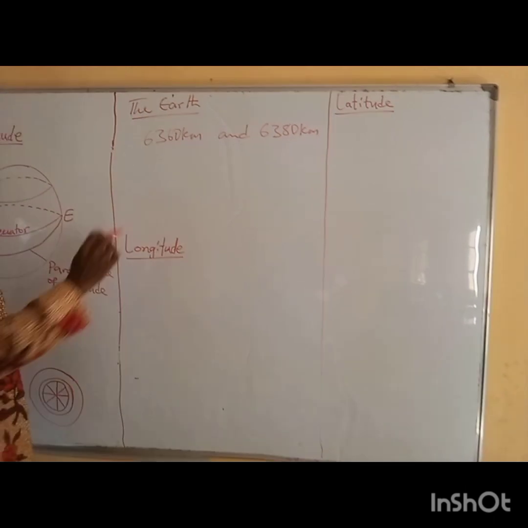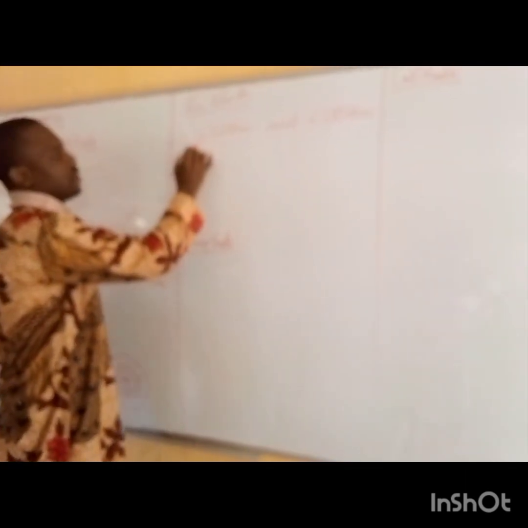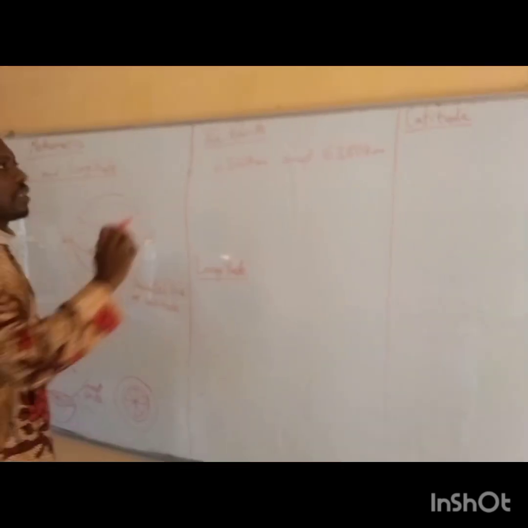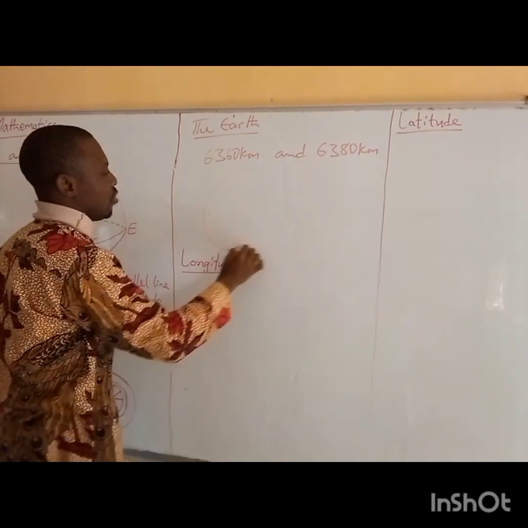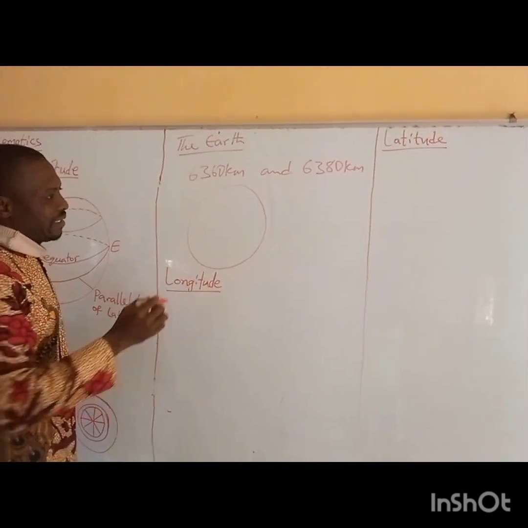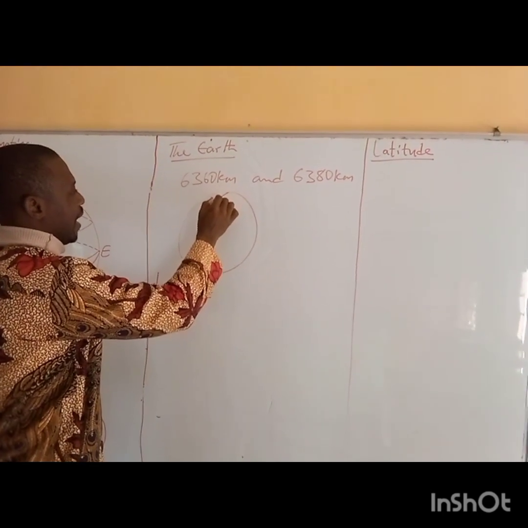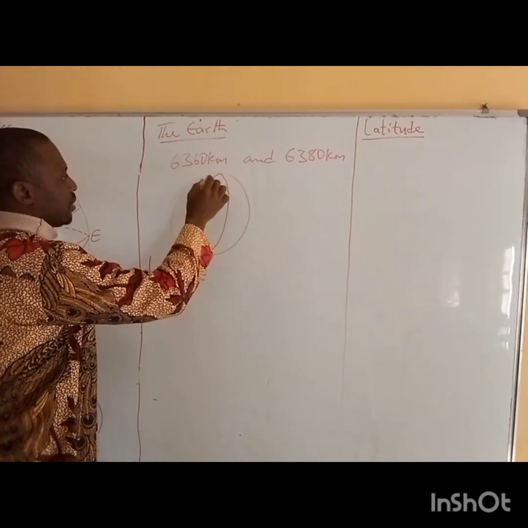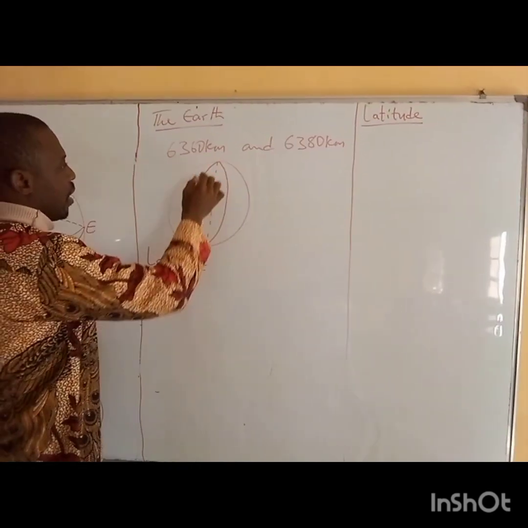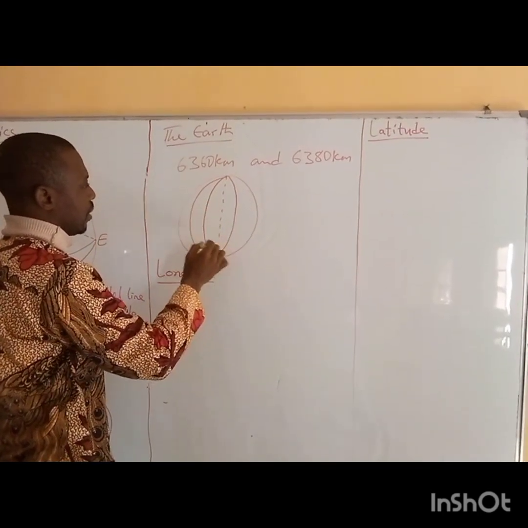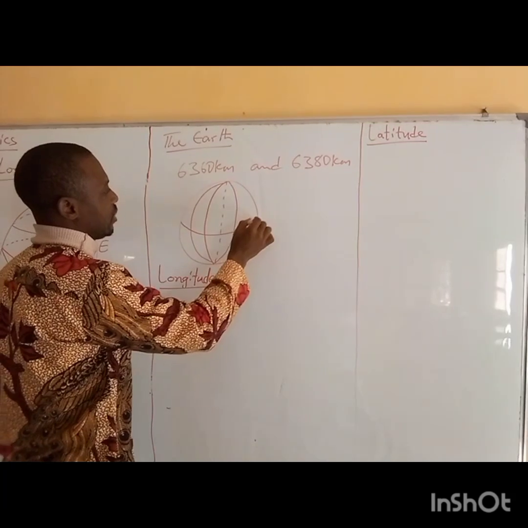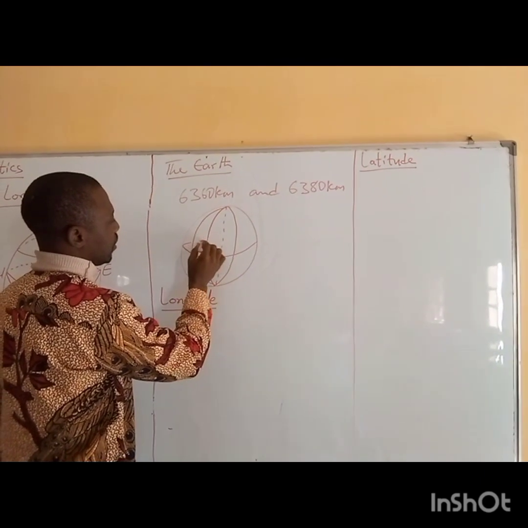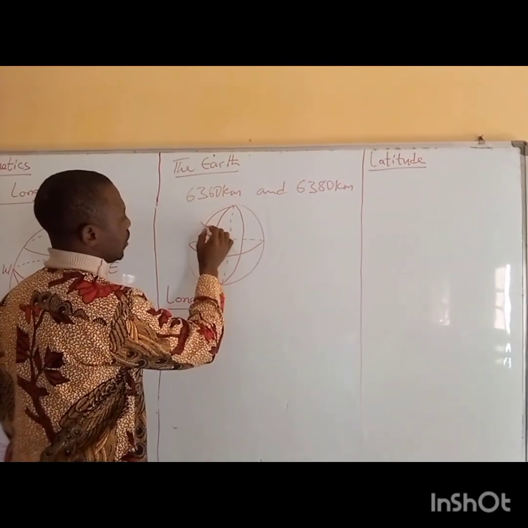The earth is referred to as the globe, and there are many invisible lines of longitude that cross the earth, and lines of latitude, with the equator as the major line that crosses the middle of the earth.